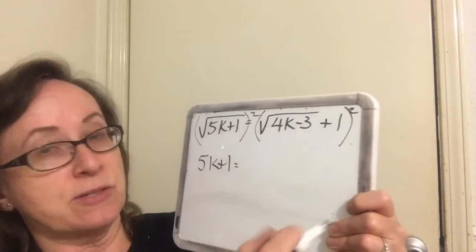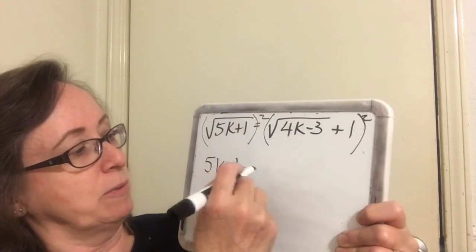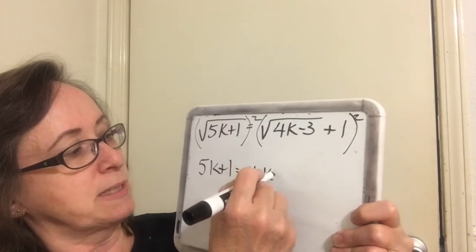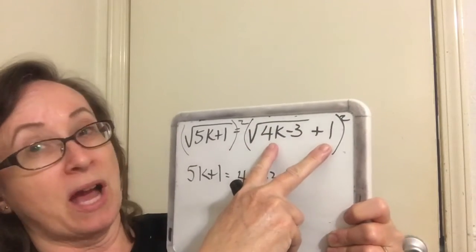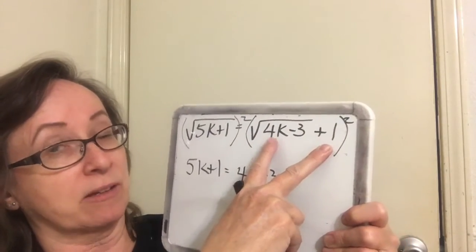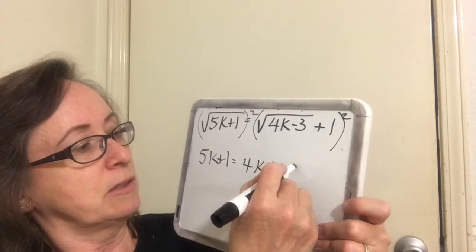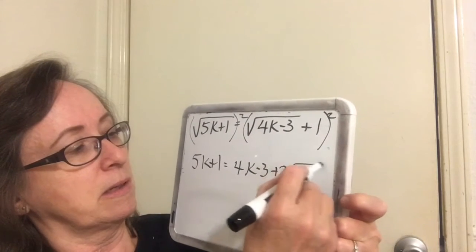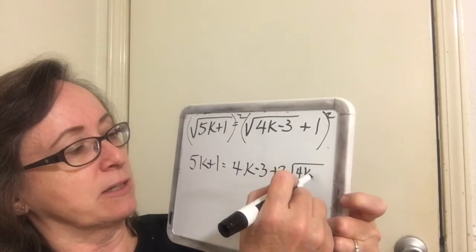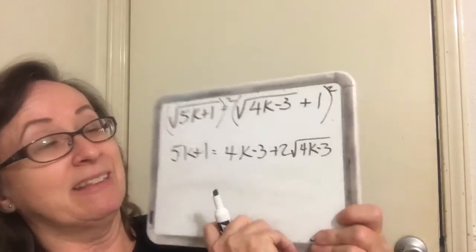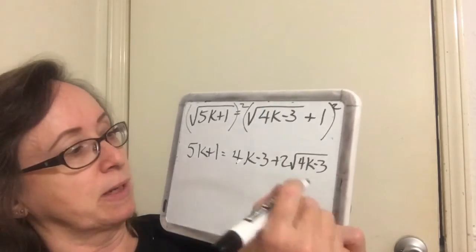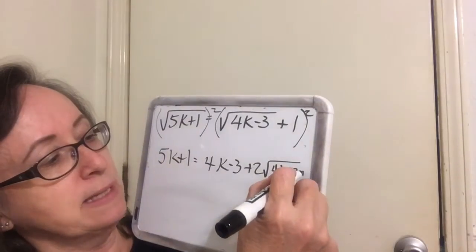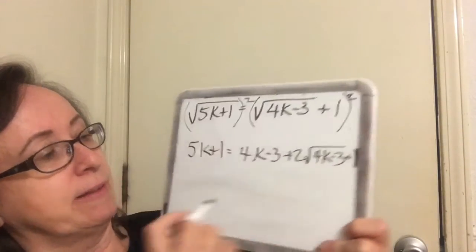When we square the other side, we get the first term squared, which is just what's under the radical, then the product doubled, 2 times the radical of 4k minus 3. And then the last term squared is a plus 1.